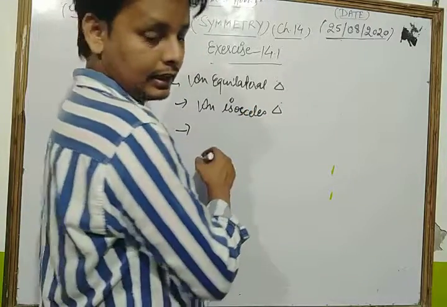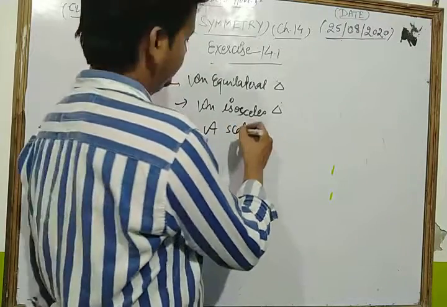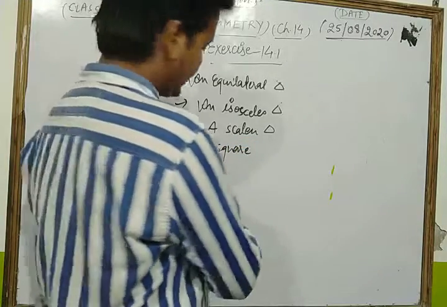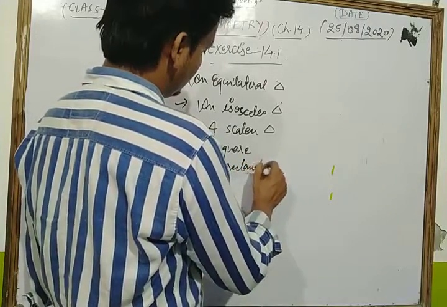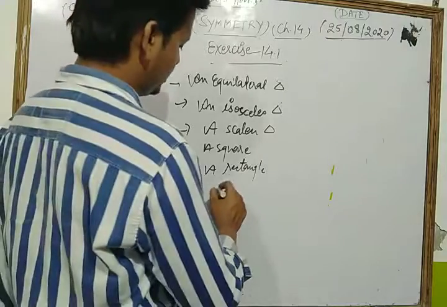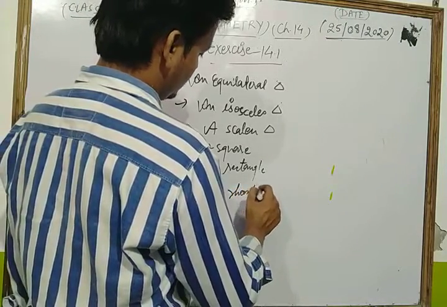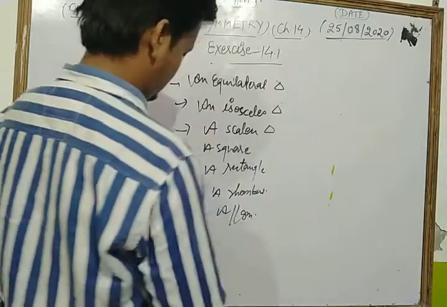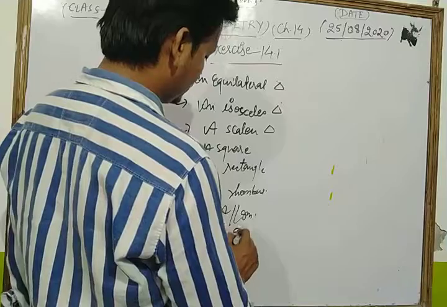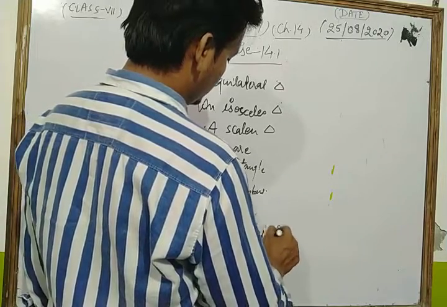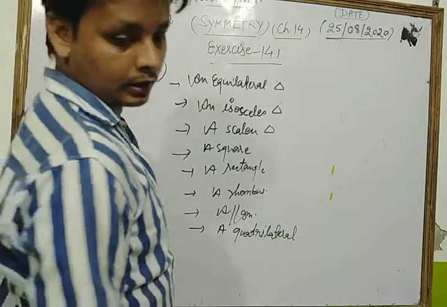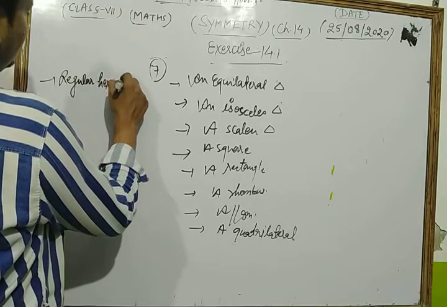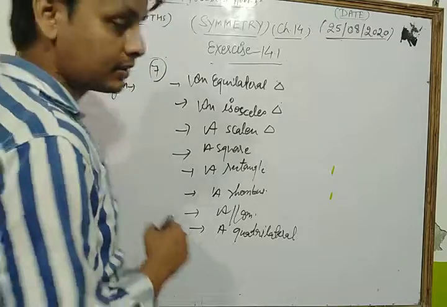The third one is a scalene triangle, then a square, a rectangle, a rhombus, a parallelogram, a quadrilateral, a regular hexagon, and the last one is a circle.